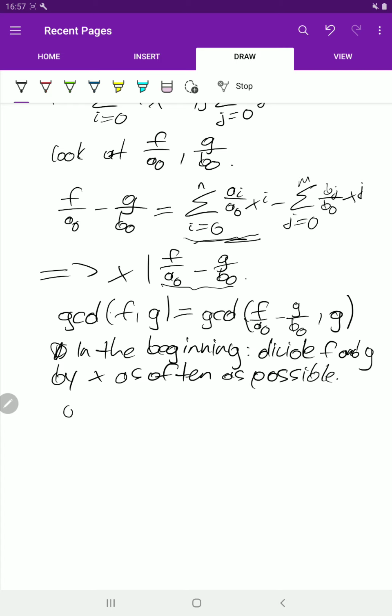So then we divide f over a_0 minus g over b_0 by x.